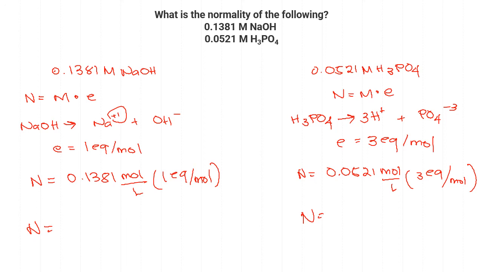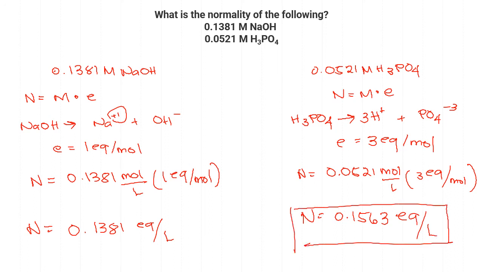Therefore, the answer for our first solution, which is our sodium hydroxide, is 0.1381 equivalents per liter. For our phosphoric acid, we will have 0.1563 equivalents per liter. Did you get that?